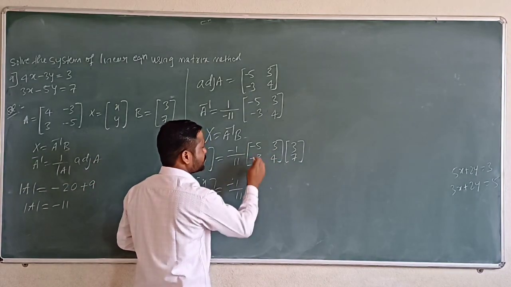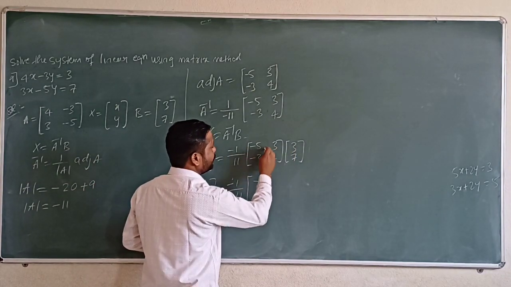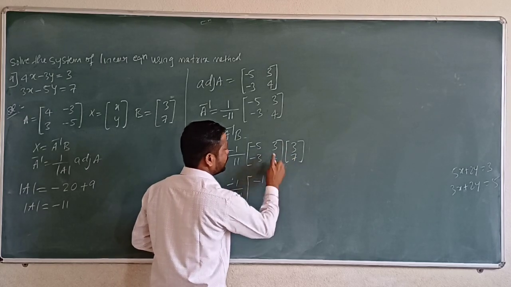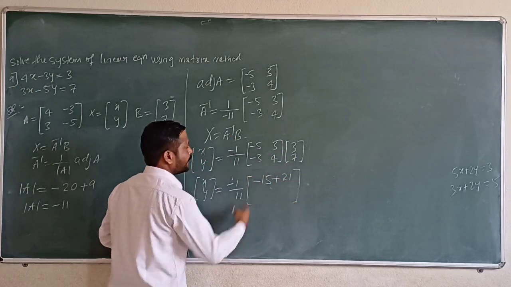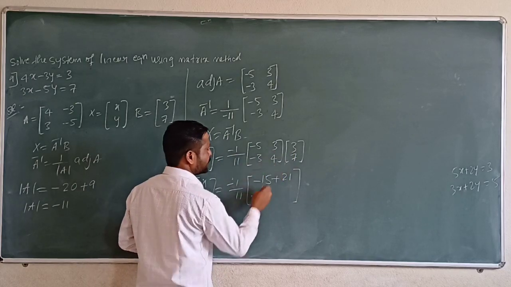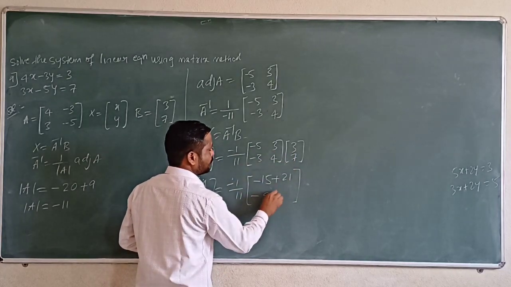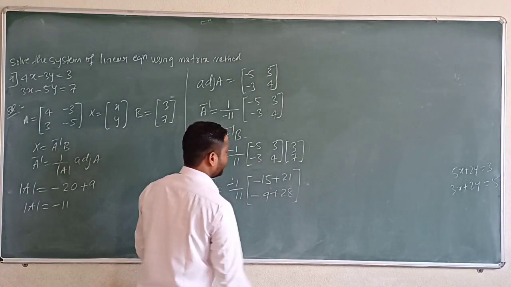Minus into plus is minus, 5 3s are 15, plus into plus is plus, 7 3s are 21. Next, minus into plus is minus, 3 3s are 9, 4 7s are 28.